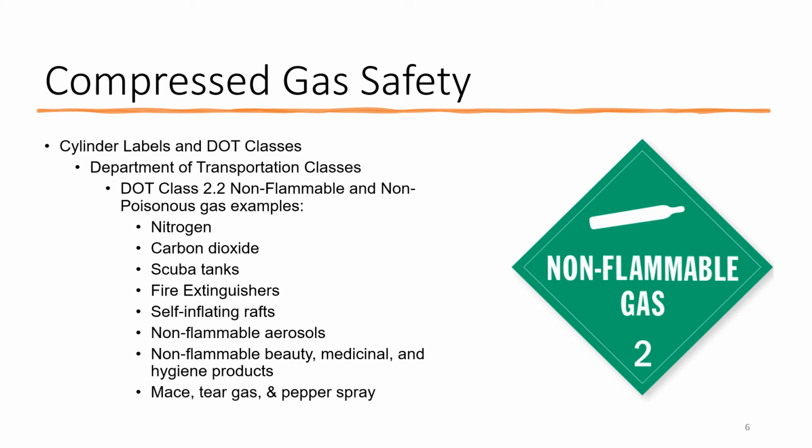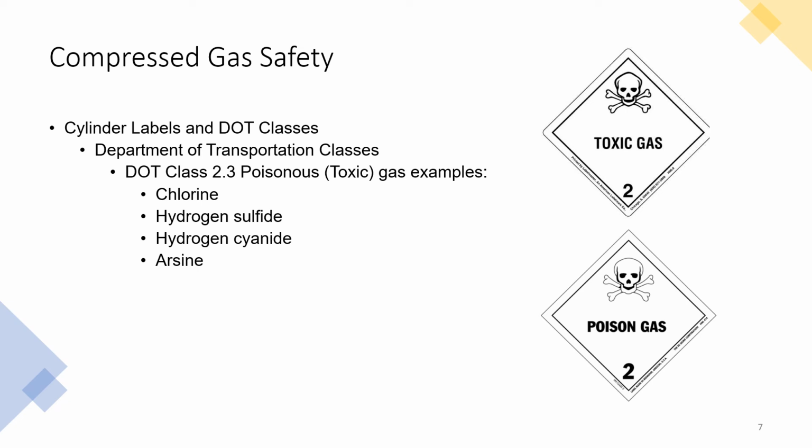Non-flammable aerosols. And finally, we have mace and tear gas and pepper spray, things that, even though it's not very pleasant to be exposed to, it is non-flammable and non-poisonous. So let's go on to the next one here. We'll look at the final one here.